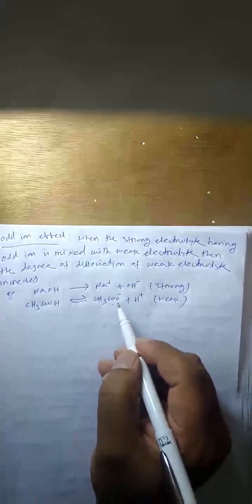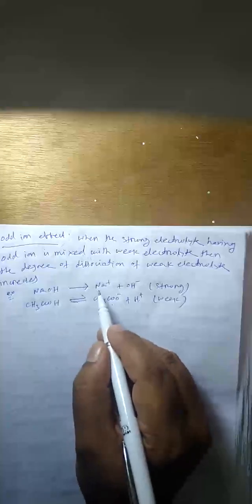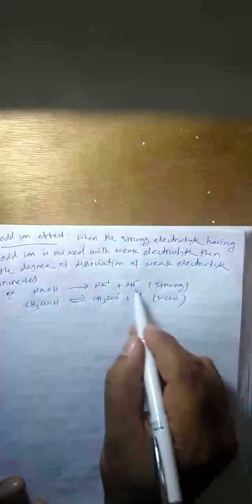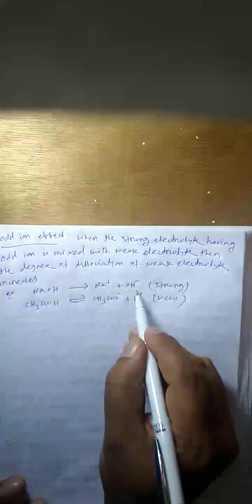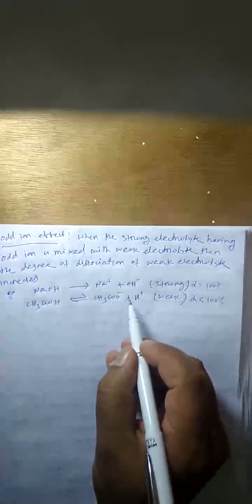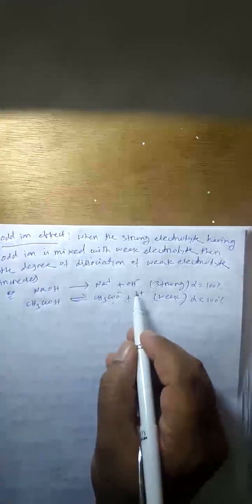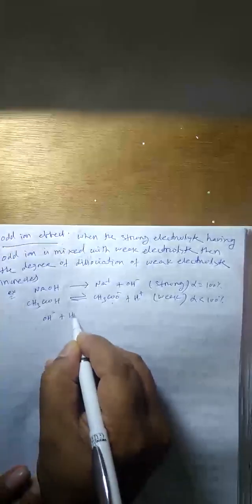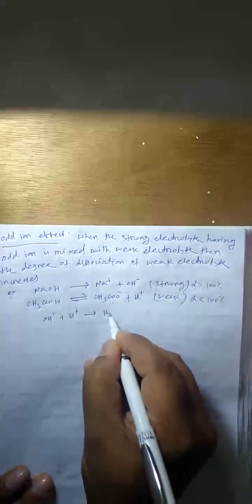Now when a strong electrolyte having an odd ion is mixed with the weak electrolyte, the cation and anion will react. With sodium hydroxide there is 100% ionization, alpha value is 100%, but here alpha value is less than 100%. When sodium hydroxide is added, whatever OH⁻ is there combines with H⁺ to form water.